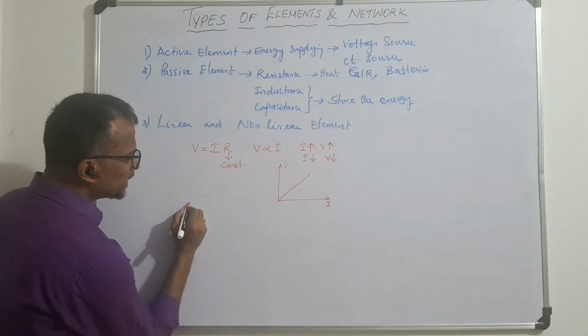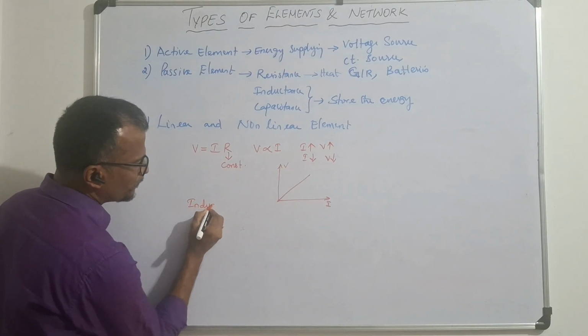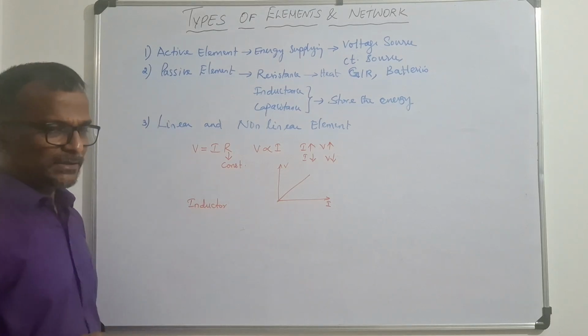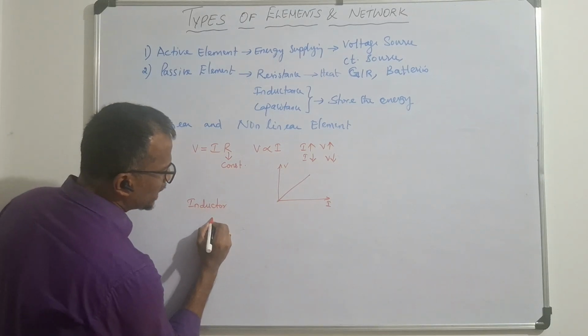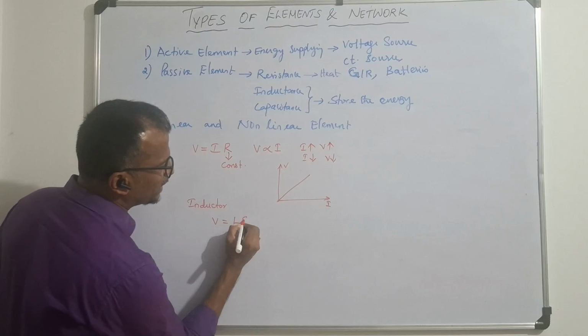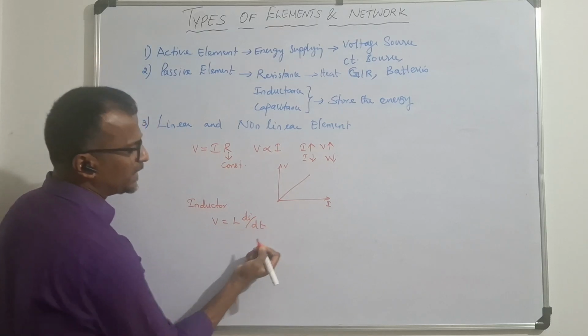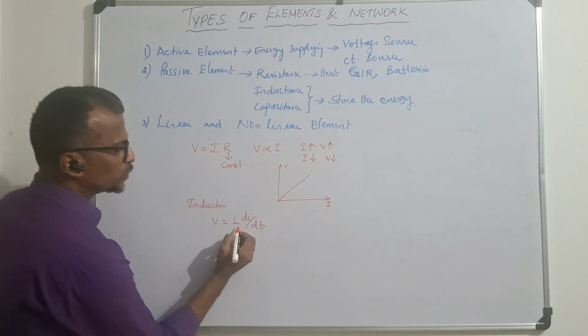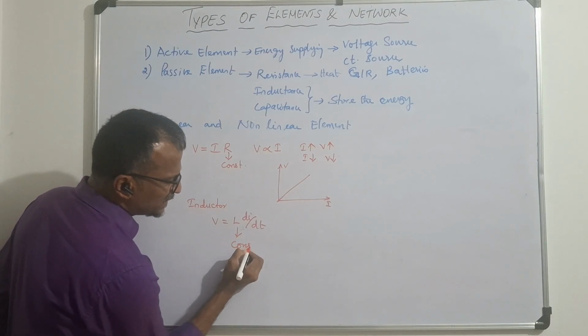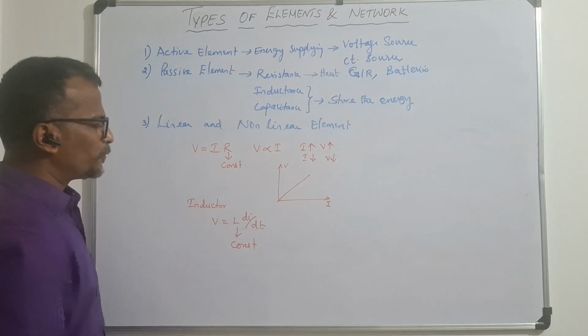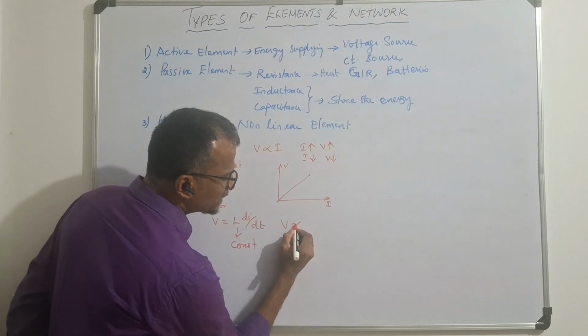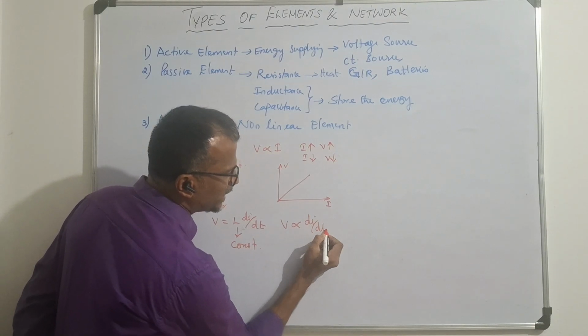Similarly, if you see the inductor, the voltage across the inductor is L into di divided by dt. Assume here also inductance is constant. Therefore, we can say V is directly proportional to di by dt.